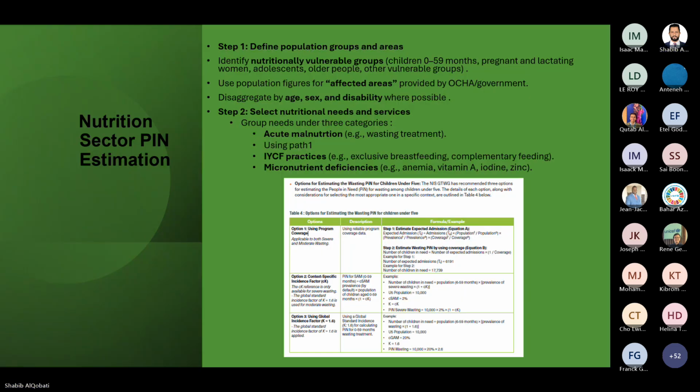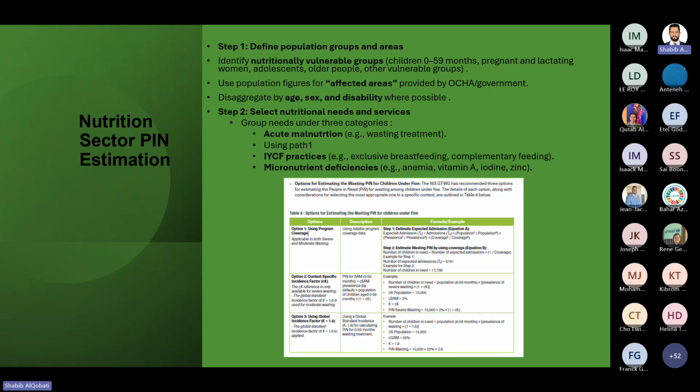So the first step will be to define the population group and area. First of all, you will identify nutrition vulnerable groups, for example, children 0 to 59 months, pregnant and lactating women, adolescents, older people, or other vulnerable groups. How do we get this data?